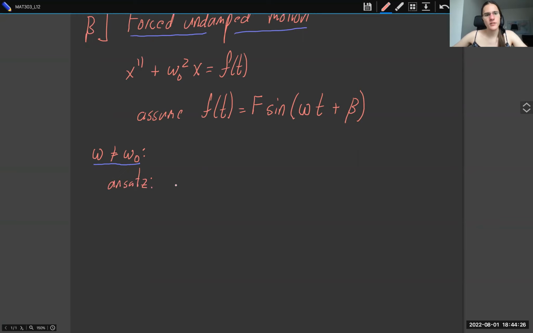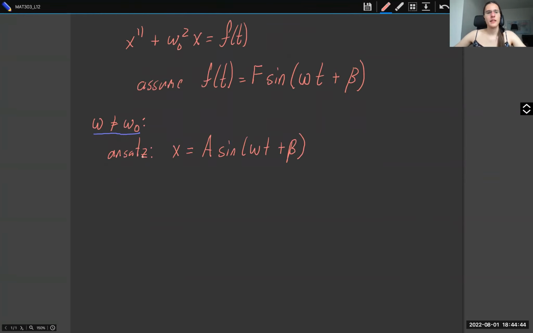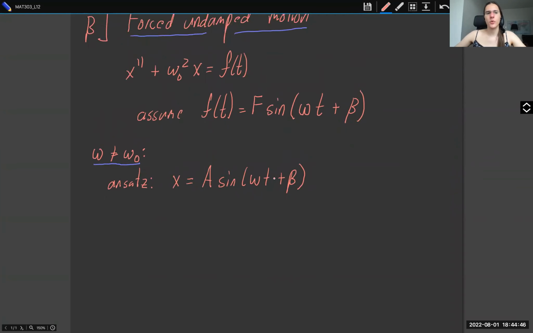Let's use the ansatz that x is equal to, let's say, A times sine of omega t plus beta. And let's see if this ansatz is going to work in this equation, where A is just a constant.